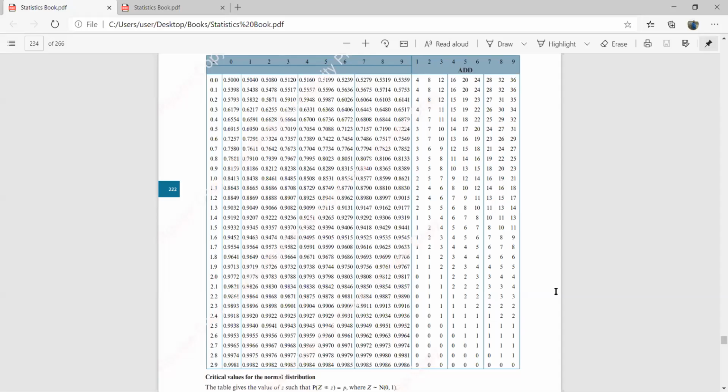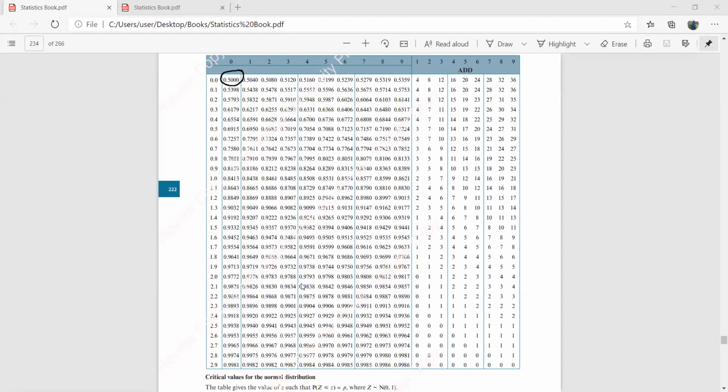Look at this, your table starts from 0.500. The very first value is 0.500. So how can you find a value which is less than 0.5, which in this case is 0.2376?